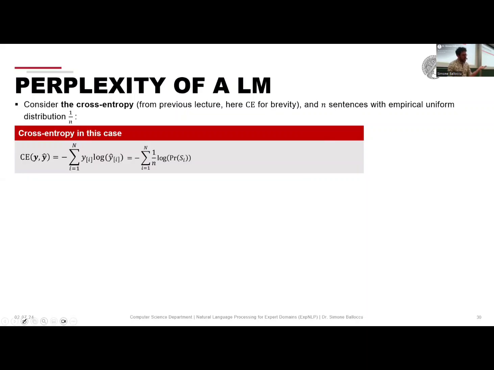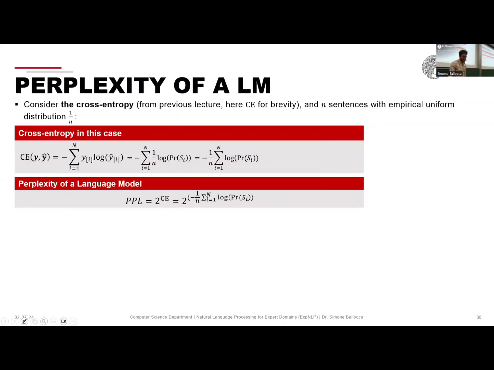We can move the division out of the sum because it does not depend on i, and we obtain this very cool term. Now, if you use this as the exponent of 2, you get the perplexity. So it's 2 elevated to the cross entropy of your model.